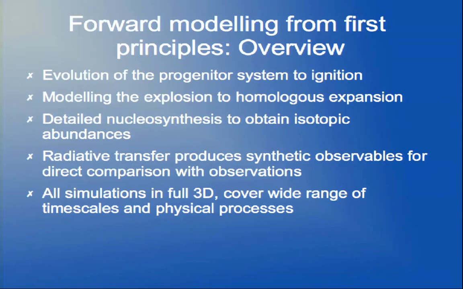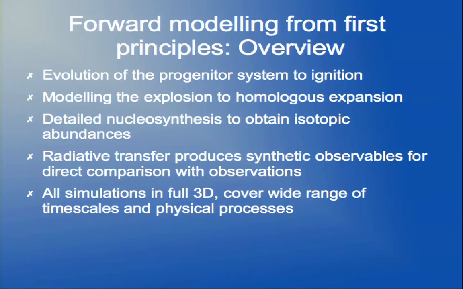The second part is the actual explosion. So we have thermonuclear burning and we have to model that accurately to get the right structure of the ejecta. We then, in a third step, that's usually done in post-processing, use the information from the explosion simulation to get really detailed nucleosynthesis, because we really need to know the isotopic abundances of the ejecta.